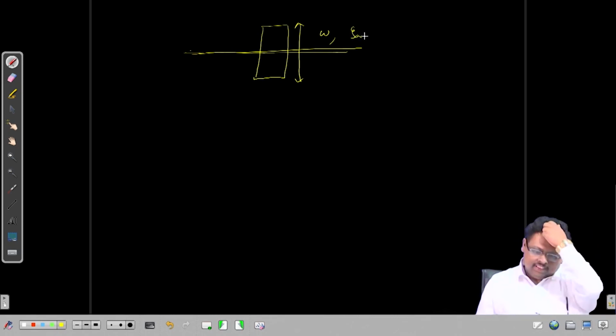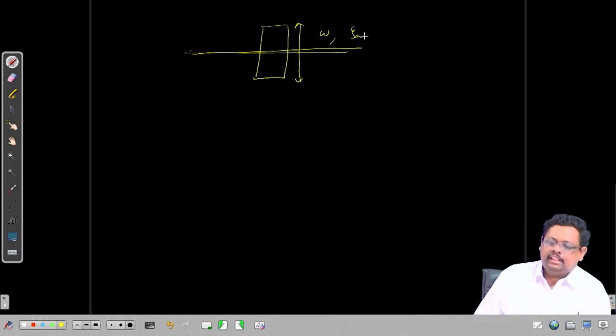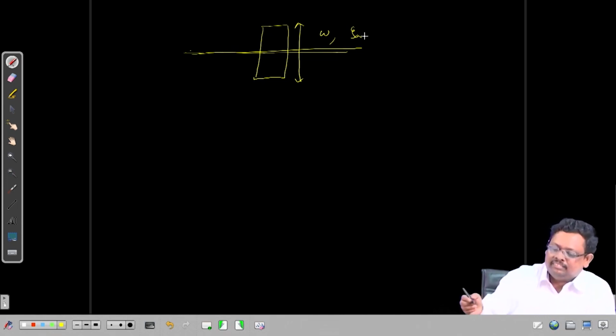Now, let us do that, as I said, not using the complex number, rather let us use the cosine function. Okay. So now let us assume the forcing function.